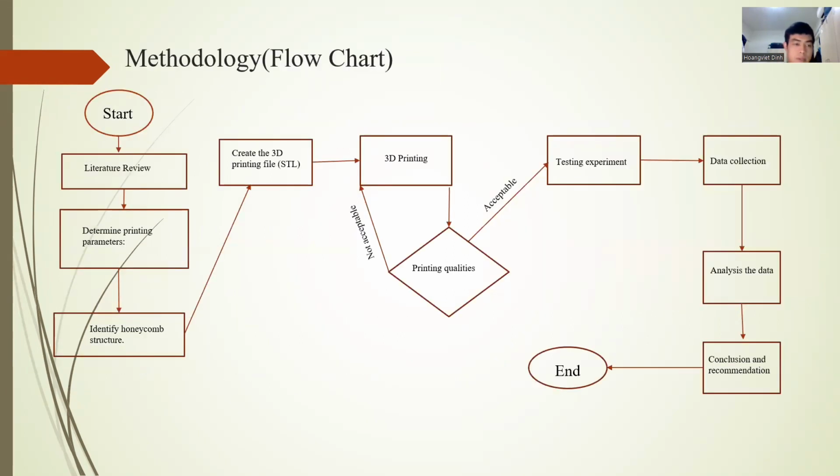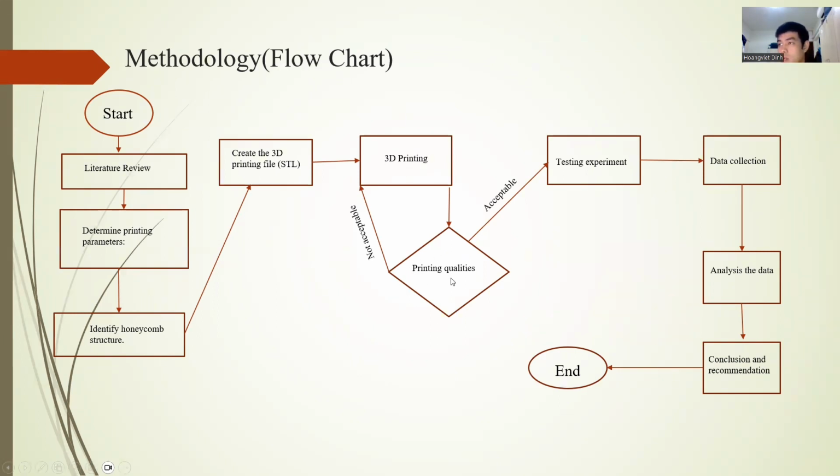Next is the methodology flowchart. Start with the literature review and determine the printing parameters, identify the honeycomb structure, and after that I will create a 3D printing file using SolidWorks. After that I will convert it to an STL file, and the next step is to put it into the 3D printing machine.